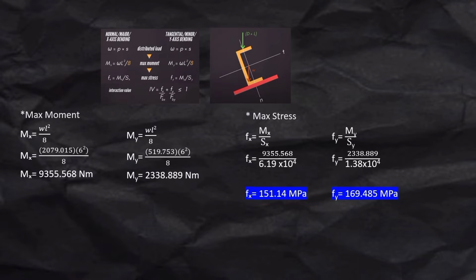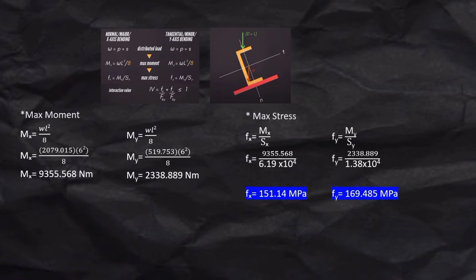Okay. The max moment Mx is equals to wL squared over 8, which is yung nakuha natin kanina sa normal is 2079.015 times 6 squared over 8. Yung 6, yun yung length ng isang span.